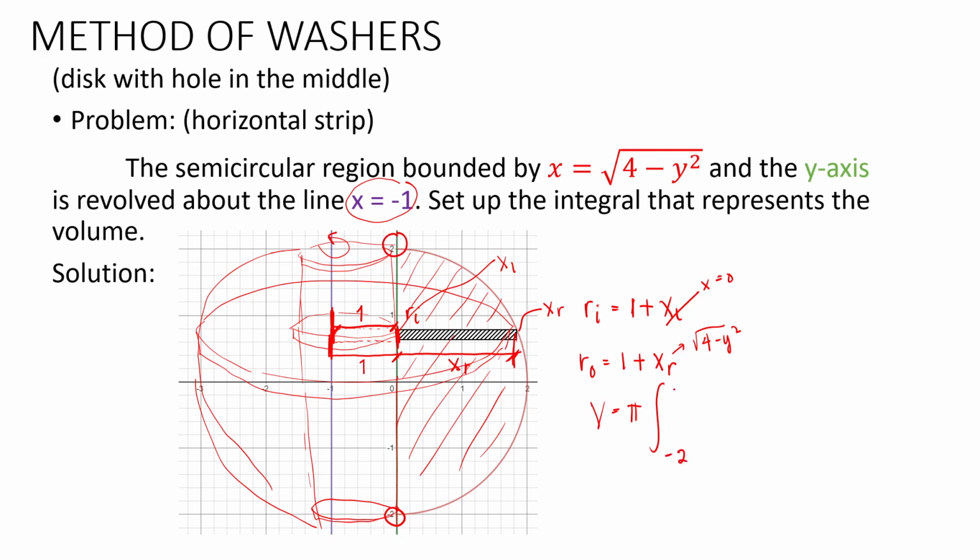And then the outer radius first, that will be 1 plus the square root of 4 minus y squared, squared, minus 1 plus 0 squared, dy. So this will be the volume.